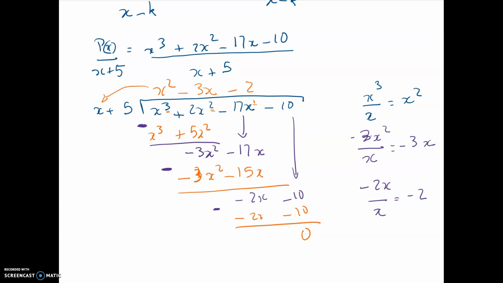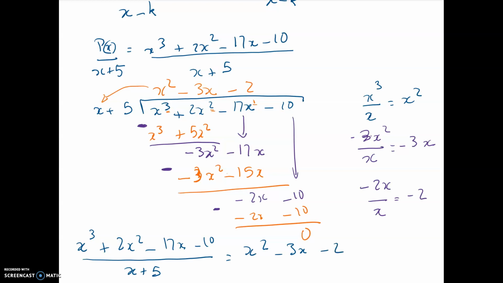I would say that the polynomial p of x, which is x cubed plus 2x squared minus 17x minus 10, divided by x plus 5 is equal to x squared minus 3x minus 2.